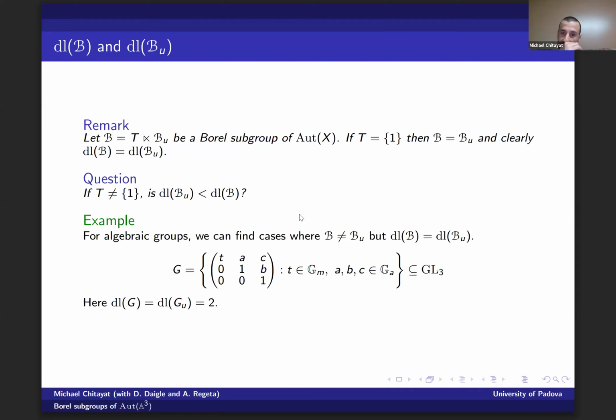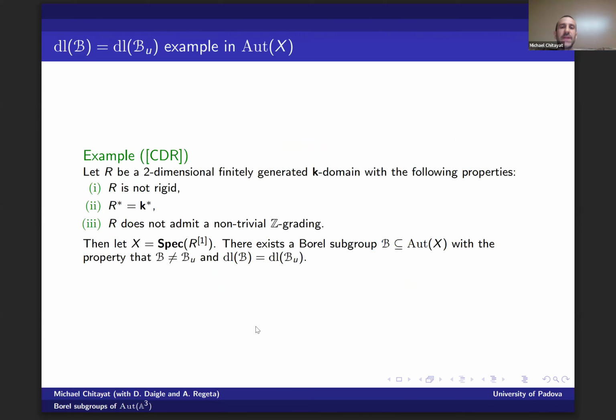So for algebraic groups, it's not necessarily the case, and here is one such example where the derived length of G is not equal to the derived length. Sorry, G is not equal to GU, but the two derived lengths are equal. So the question now is, okay, can this happen in the setting of automorphism groups? And in fact, it can happen.